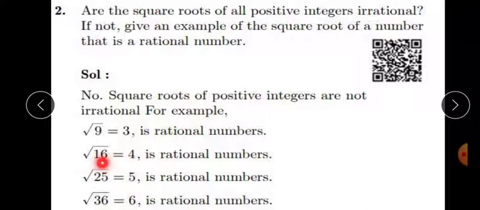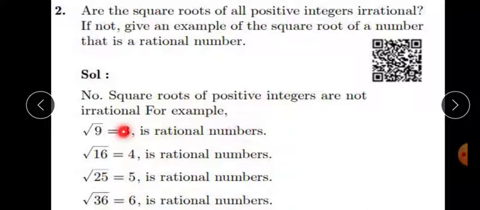Root 16 means 4 squared, so the square and the root cancel, we get 4. But 4 is not an irrational number, it is a rational number. Root 25 will similarly give 5, root 36 will give 6, root 49 will give 7, and root 64 will give 8.